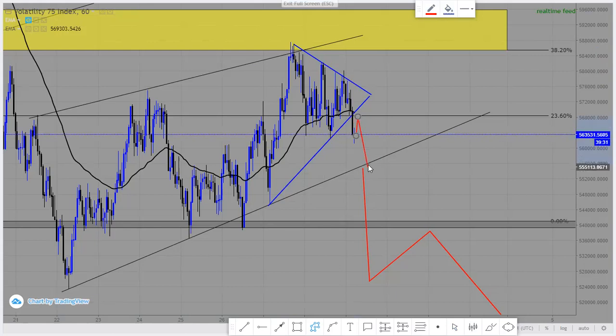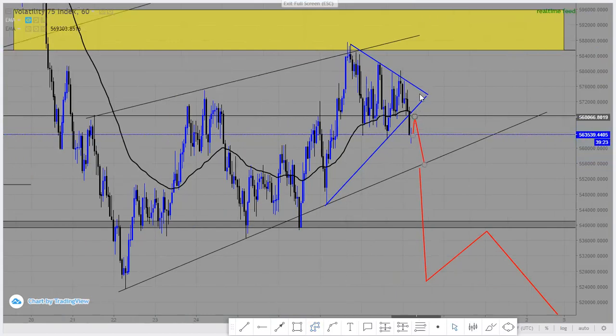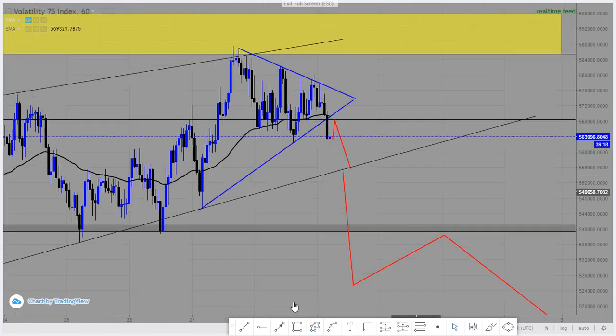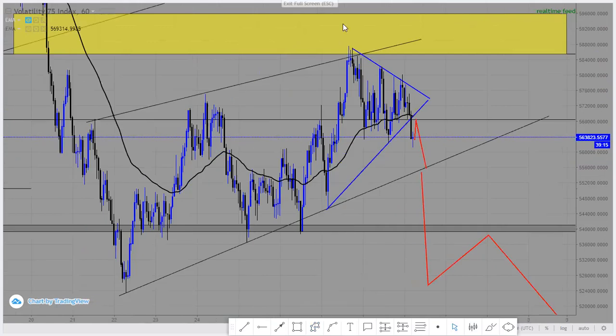If it breaks here, you know what is going to happen. If it breaks there, we're expecting a break of that support zone there. So either it gives us a pullback all the way there, that would be wonderful. Sales can actually be taken from there for someone who didn't enter either here, or there, or here. You can also enter here as well.